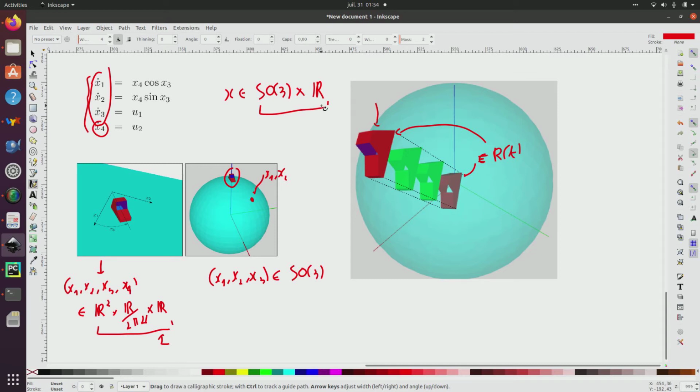I can try to represent, for instance, SO3 by Euler angles to find a parameter, phi, theta, psi, and the other one I have no problem with, it will correspond to x4. But this parameterization contains some singularities, and I have to try to avoid them if I want to move freely on the sphere without meeting any numerical problems.